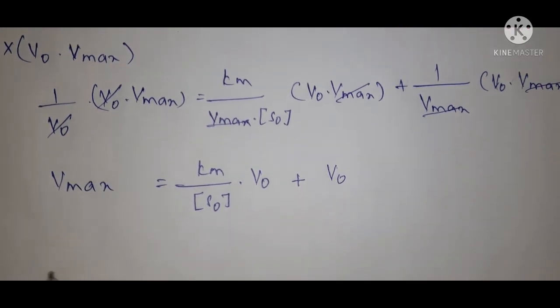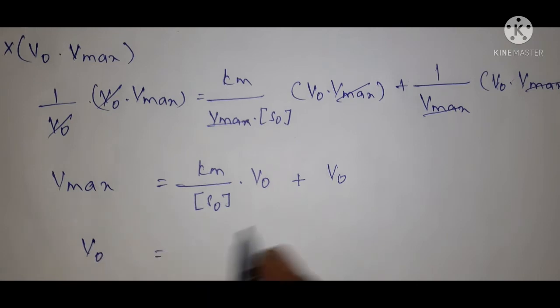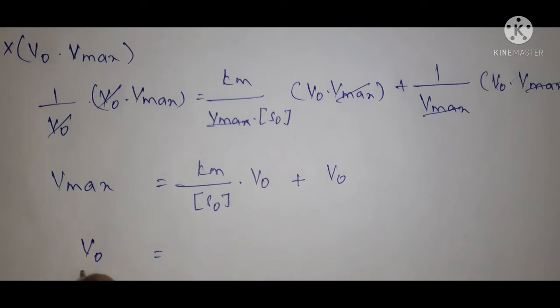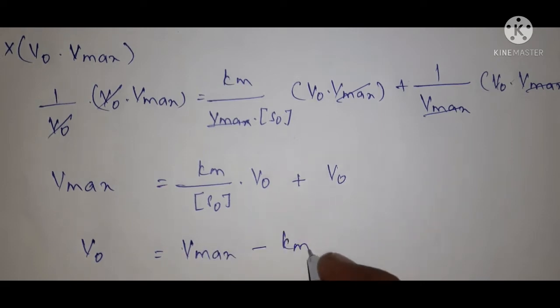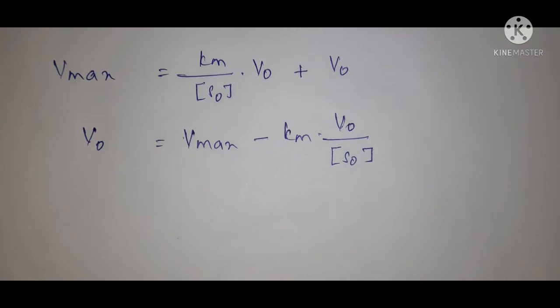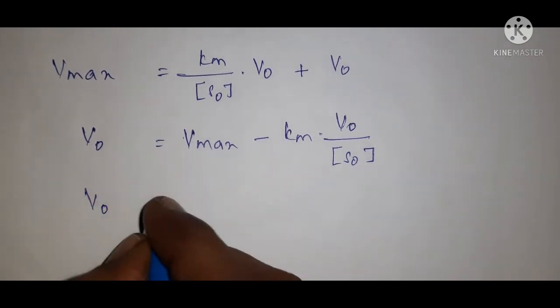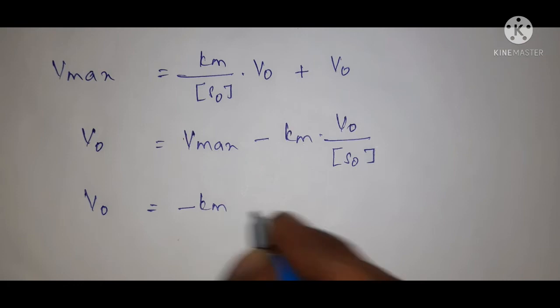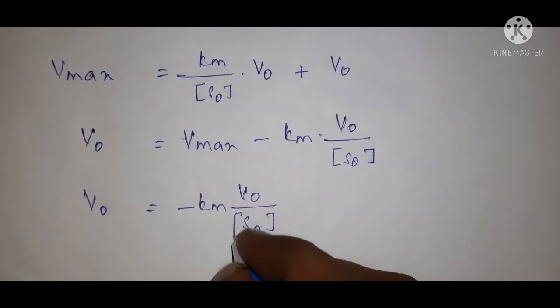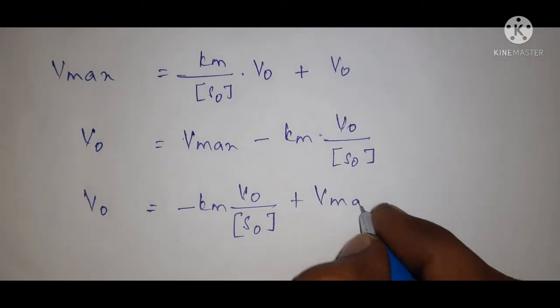Now rearrange this equation, that is V naught is equal to V max minus Km into V naught divided by S naught. Rearranging in the linear form, V naught is equal to minus Km into V naught divided by S naught plus V max.